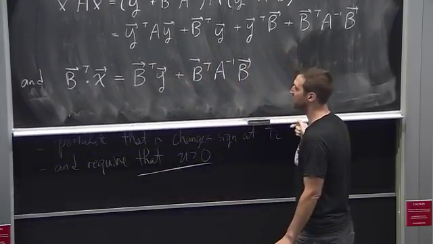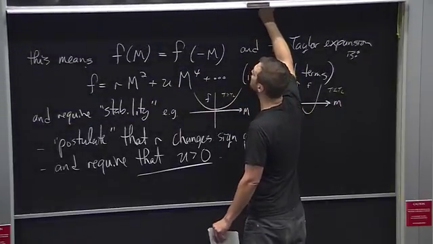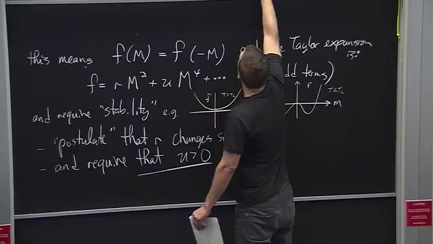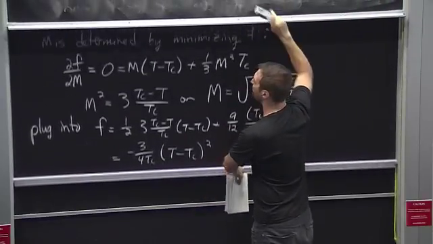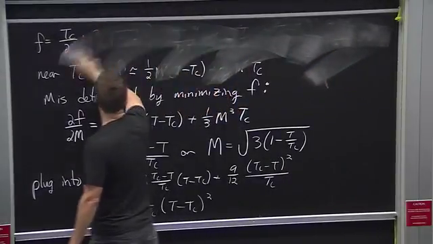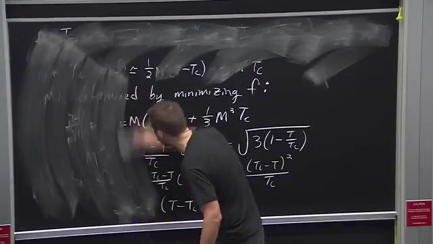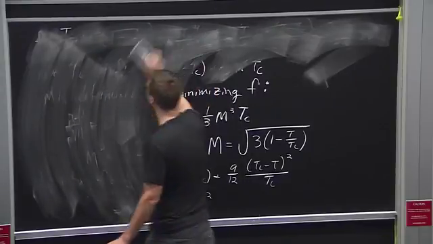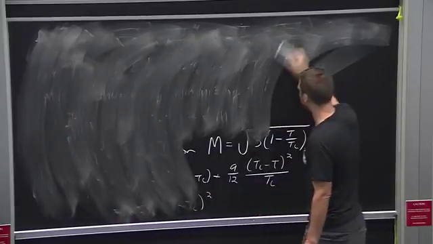Then the argument of the exponential becomes very simple, because there are a couple of terms that cancel.